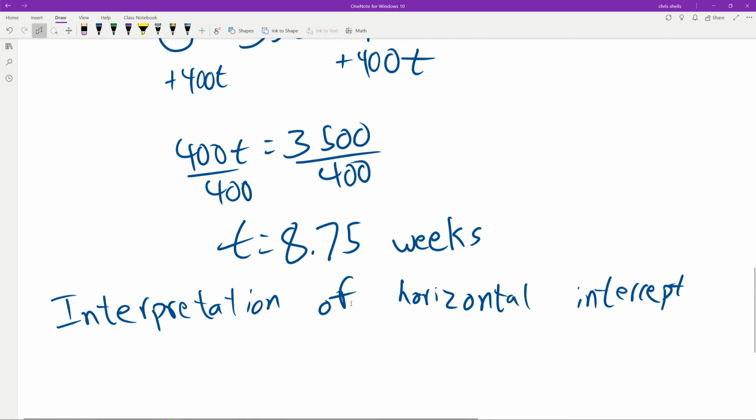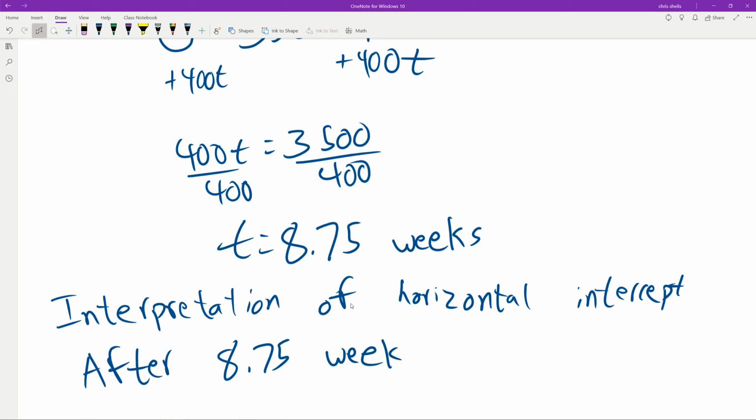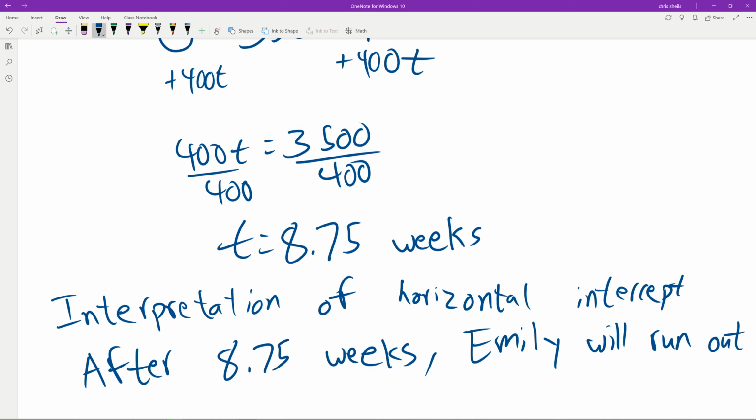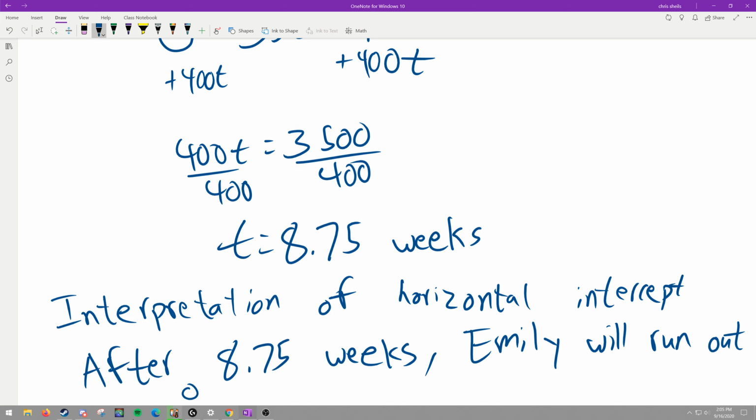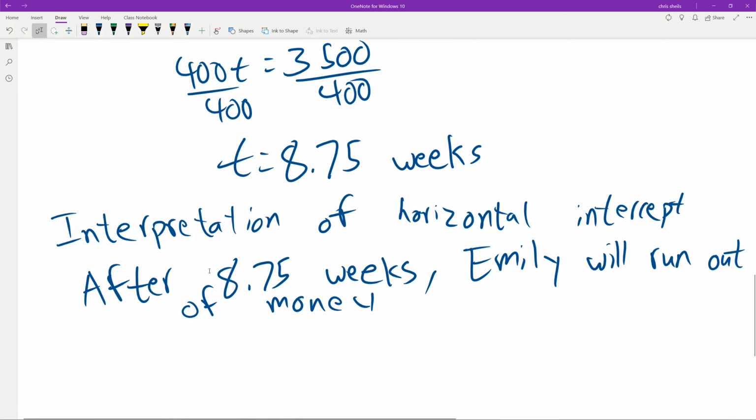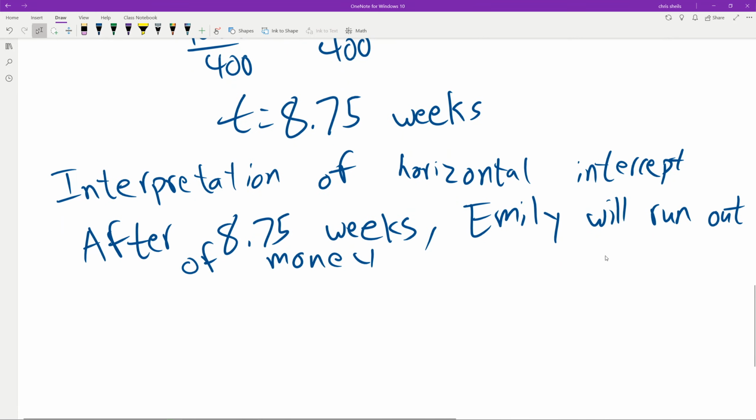This means that after 8.75 weeks, Emily will run out of money. Let me erase that. There we go. After 8.75 weeks, Emily will run out of money.